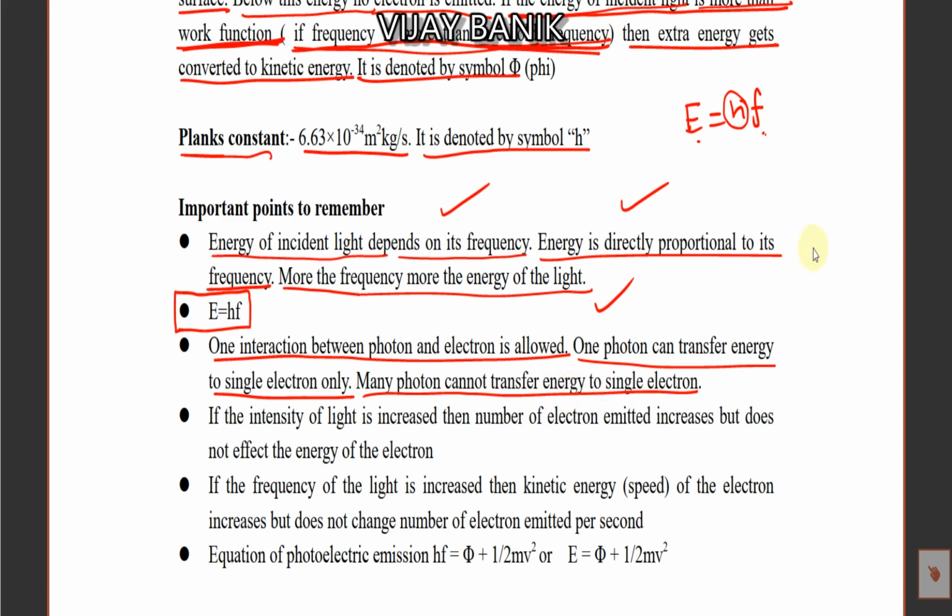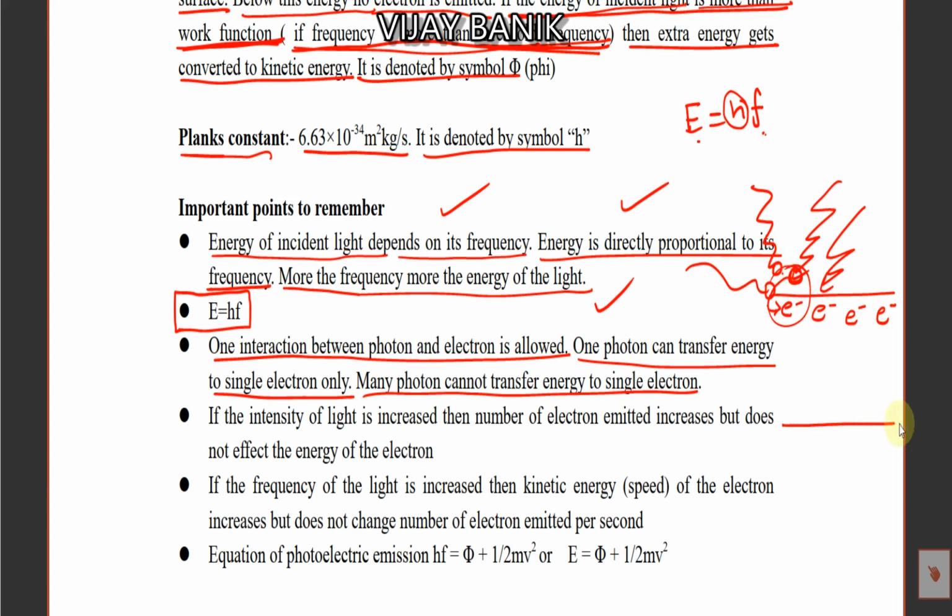What do you mean by this? Let's say you have electrons over here and you have photons, that is incident light, hitting the electrons. Remember, one photon can transfer its energy to only one electron. Multiple photons cannot transfer energy to a single electron.